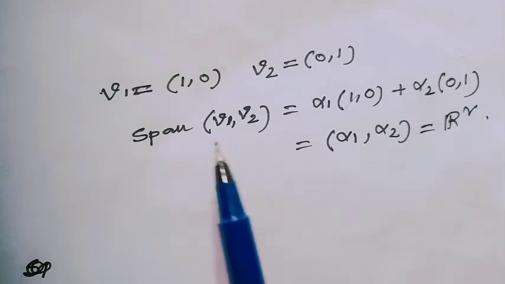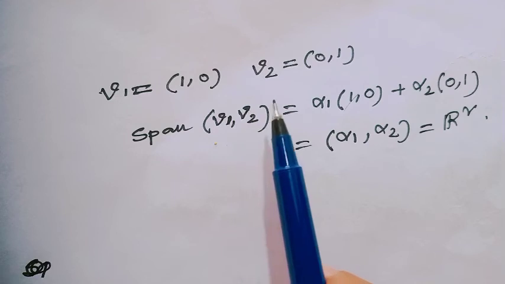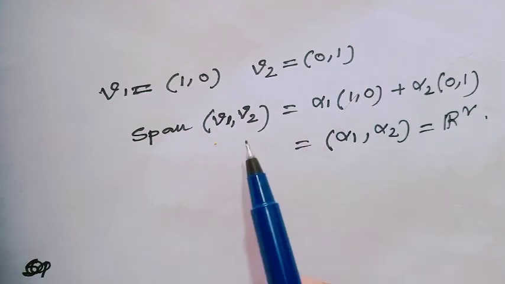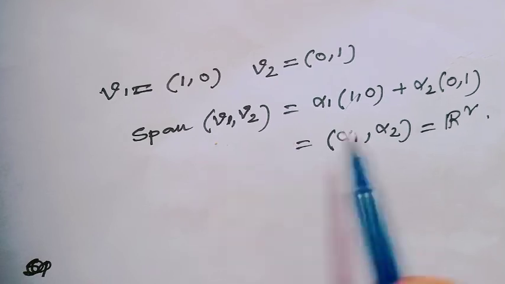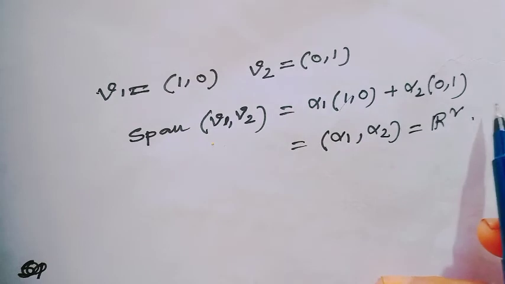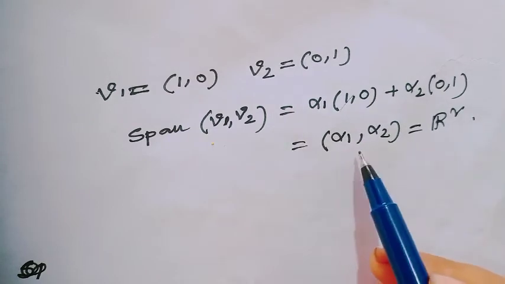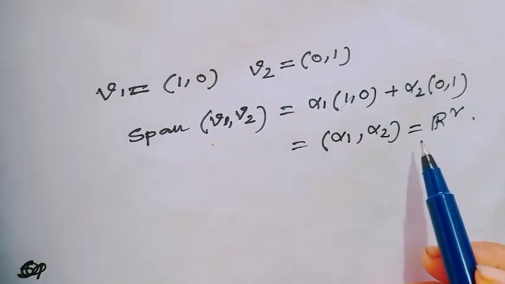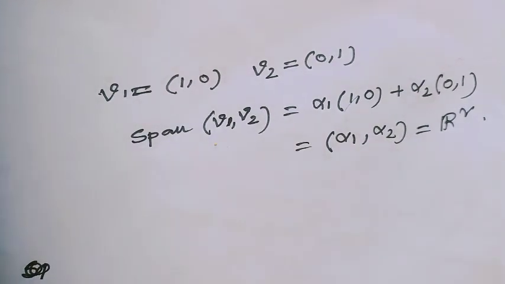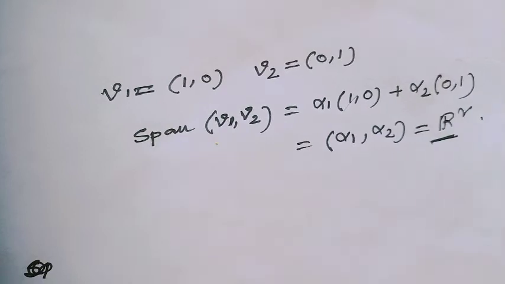For example, if we consider V1 equal to the vector (1, 0) and V2 equal to the vector (0, 1), then the span of V1, V2 equals alpha 1 times (1, 0) plus alpha 2 times (0, 1). This is actually (alpha 1, alpha 2). That means by these two vectors we can span the whole space R2.